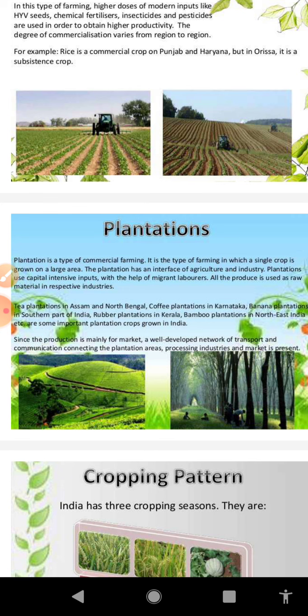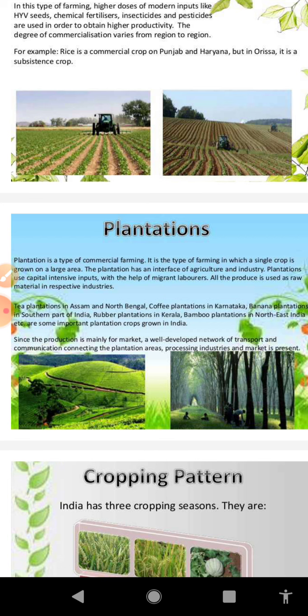In this type of farming, a single crop is grown over a large area, and from that single crop, farmers are able to get agricultural produce for several years. Plantation agriculture, which is an example of commercial type of farming, has an interface of agriculture and industry, in the sense that as the production is maximum, it is said to have an interface of industry also.